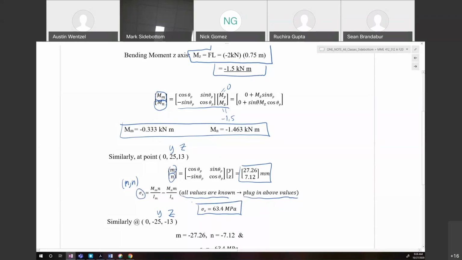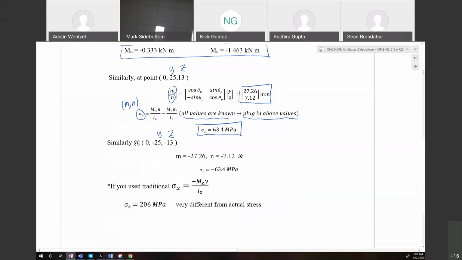And you can do the same thing at the opposite end of our beam. We solved for the stress at the other side of the beam, and the equal opposite stress would be minus 63.4.